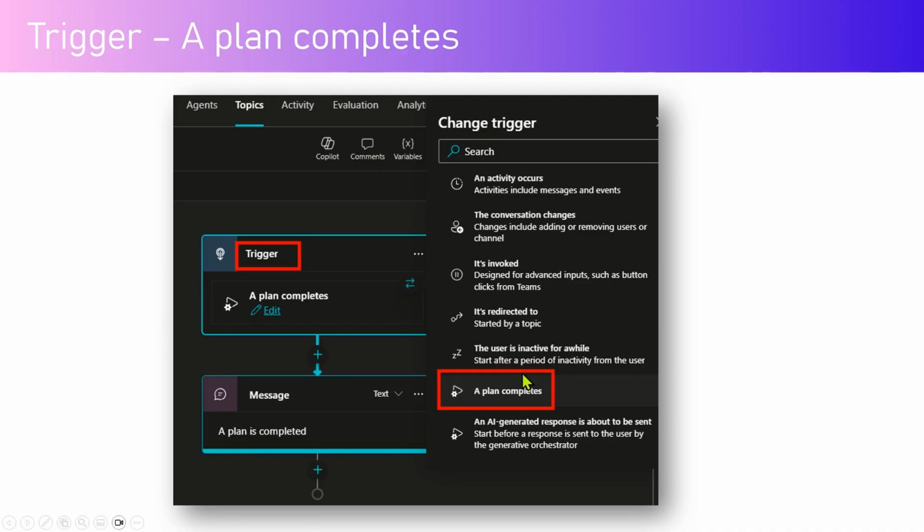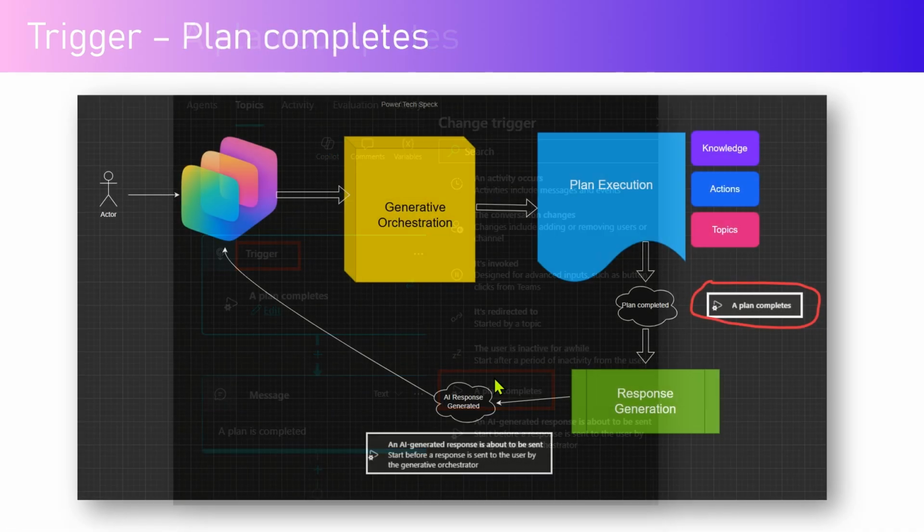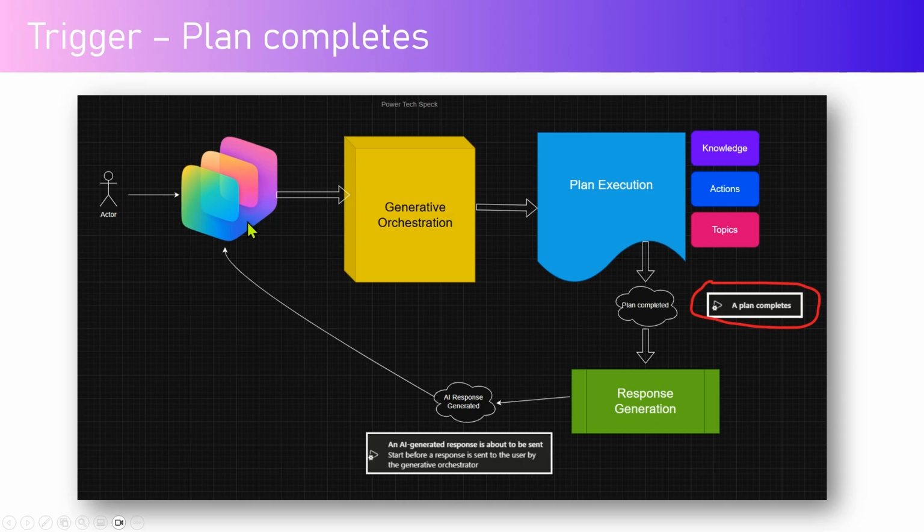Now if you look at this specific diagram, this is Copilot Studio generative orchestration, whereby you create a topic, and from here you specify what the response should be for a specific request.